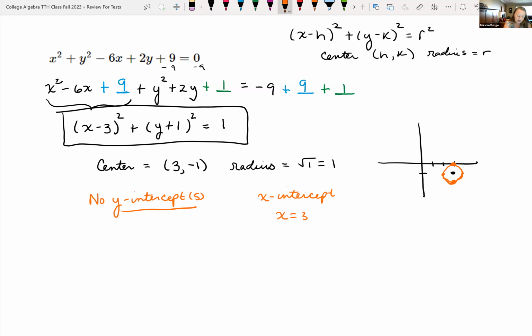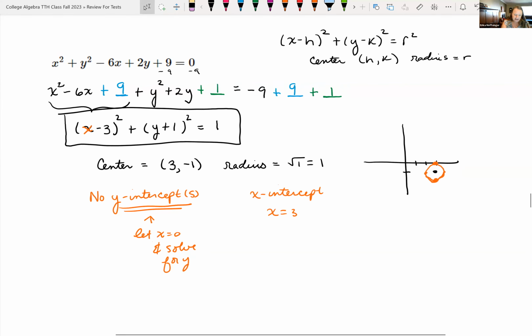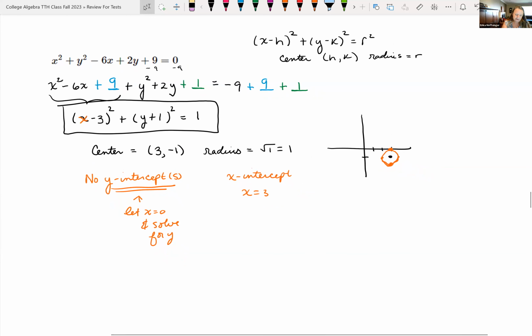So recall y-intercepts. We're going to let x equal 0 and solve for y. Let's do it into the equation we just got. That way, things are going to fall out really nicely, really fast. If we plug in 0 for x, I get negative 3 quantity squared, which is 9, plus y plus 1 quantity squared equals 1.